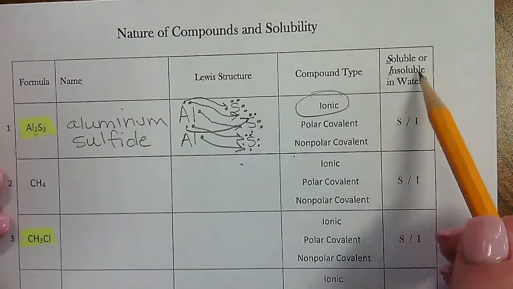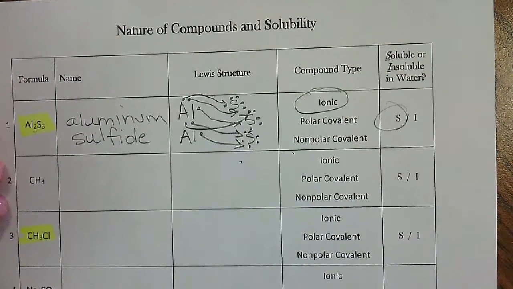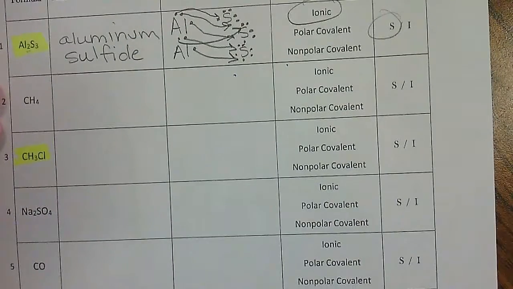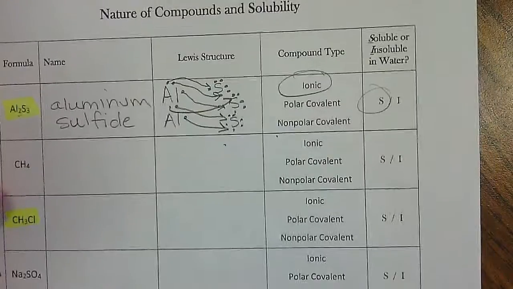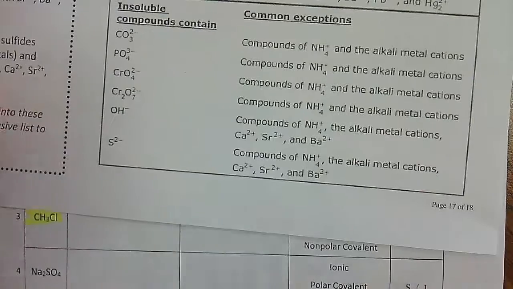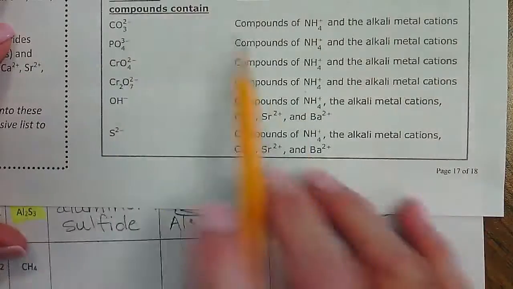Is it soluble or insoluble? It's soluble in water. Aluminum sulfide will dissolve in water. Oh, just kidding. It will not. I don't think we've gone over solubility rules yet. I'm just going back because I just realized that that's not true. So we're going to learn about the solubility rules. Sulfides, such as aluminum sulfide, tend to be insoluble.